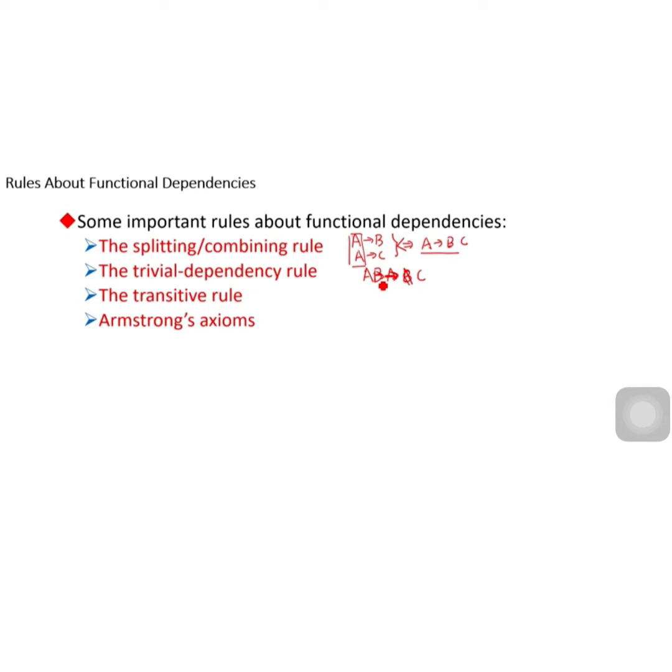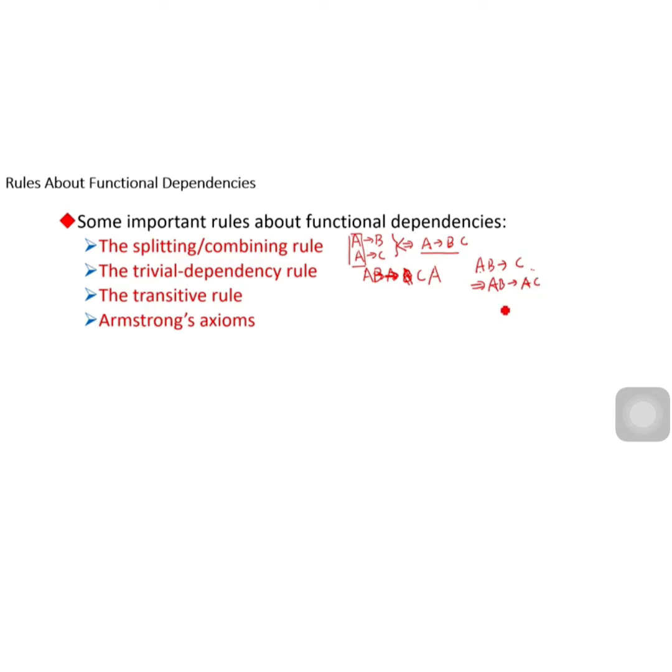Or we can add an attribute appearing in the left side to the right side. If we have AB functionally determines C, then we can add A to the right side and get AB functionally determines AC.